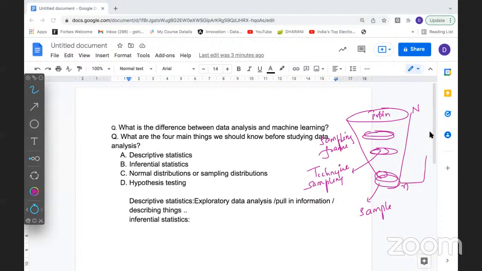So results on this are generalized. These are called, as I told you, sample statistics. Whatever you get on population is called population parameters.